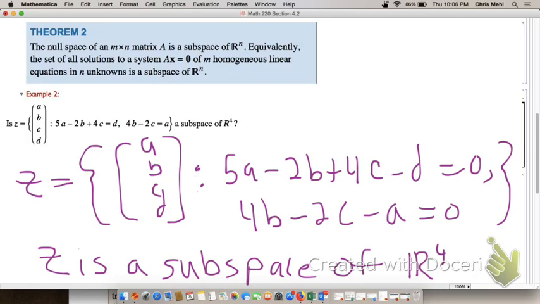So what that means is, you take any vector in the subspace, you multiply it by a scalar, and your result would again be a vector in the subspace.